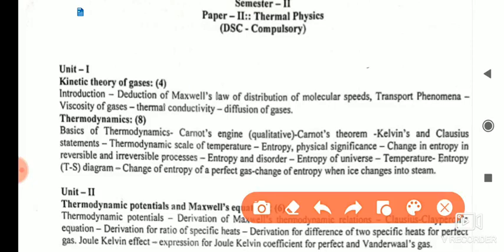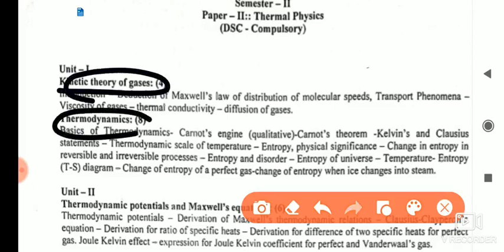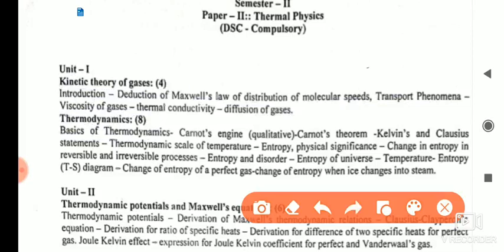So in unit 1 we have two chapters, kinetic theory of gases and thermodynamics. In thermodynamics we have basic thermodynamics.